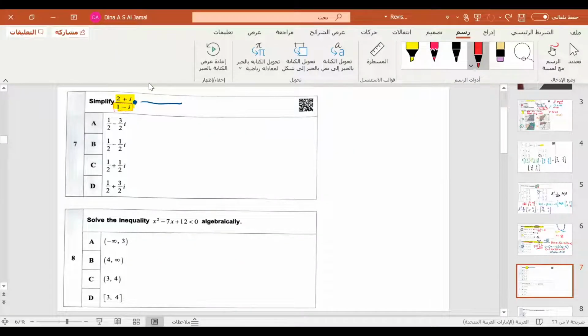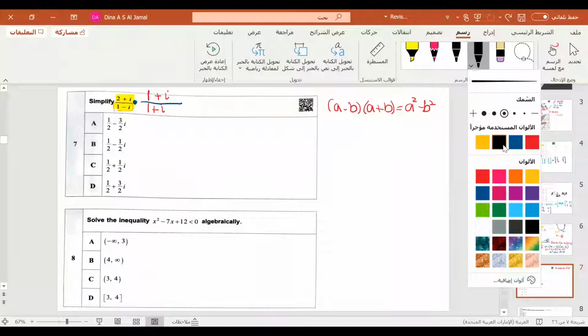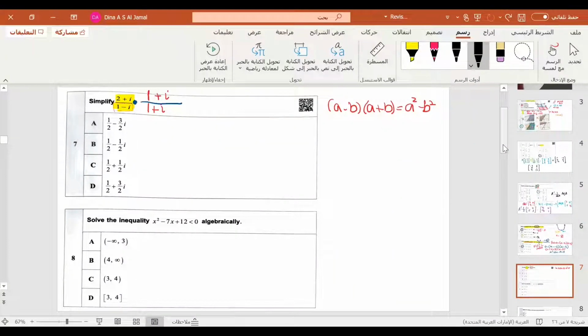That's it. So multiply by 1 plus I over 1 plus I. Your denominator now will have A minus B multiplied by A plus B, and in general, this is A squared minus B squared. And the upper part, the numerator, you will have the normal FOIL method.